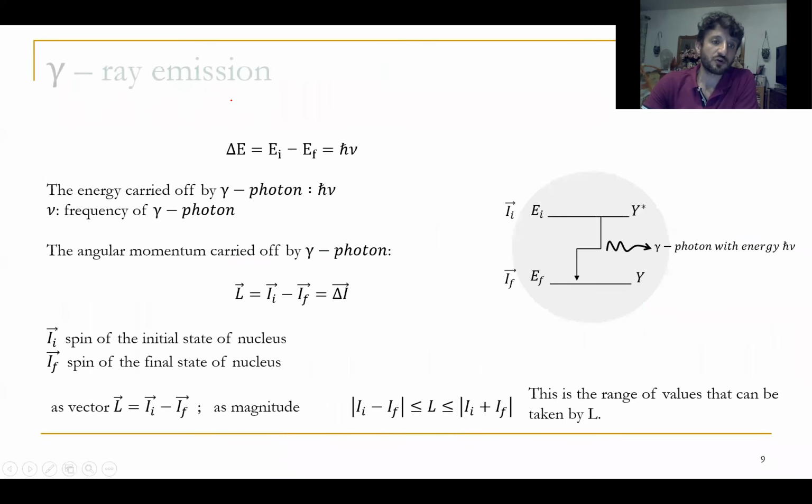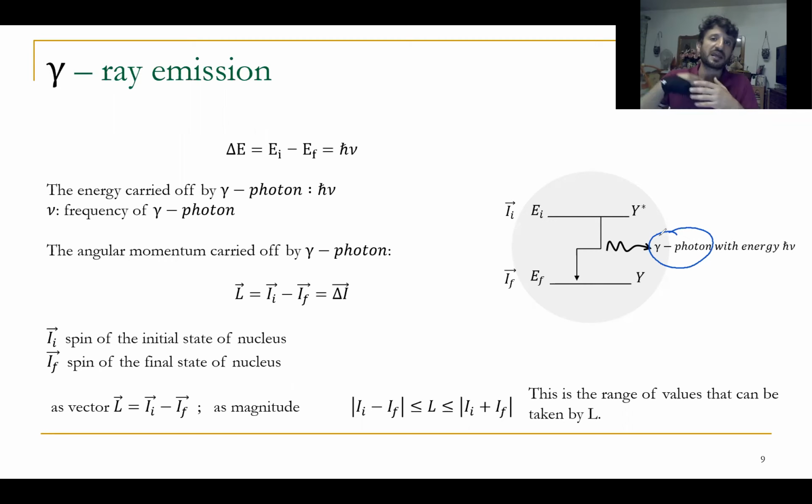Okay, let's go to the second type of gamma decay: gamma ray emission. The gamma ray, or gamma photon, will travel out of the atom directly without any interaction with the electrons or any conversion to an electron or positron.